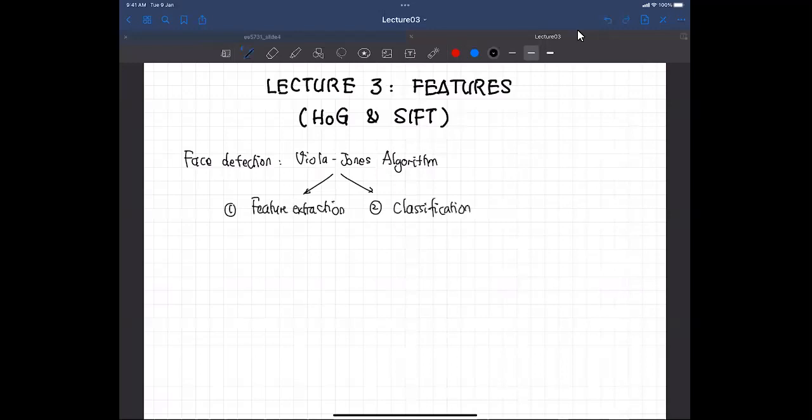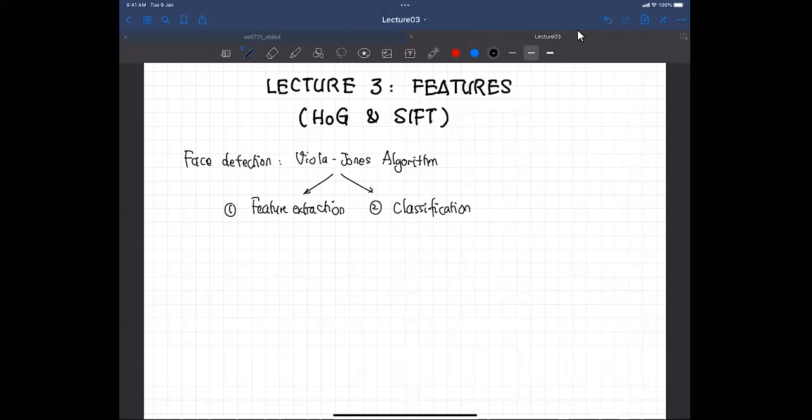So these are two very basic modules in the Viola-Jones algorithm, but also in computer vision or machine learning in general. Computer vision is part of machine learning, which is a wider field, and they still have these two components, feature extraction and classification.